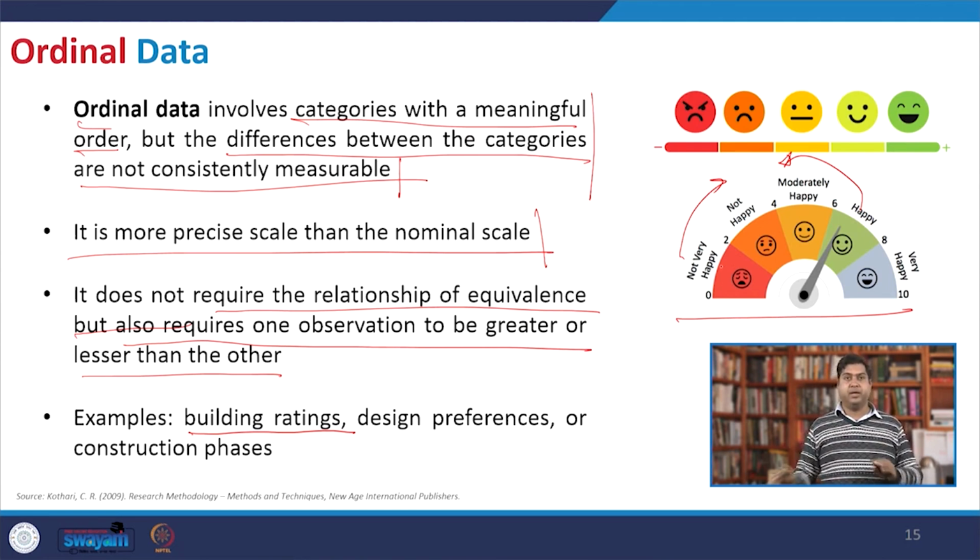So here also, if you see this particular emoji scale, if it is 5 and if it is 1, obviously 5 is having some kind of better scale, or it can represent the worst thing, depending on the research design.